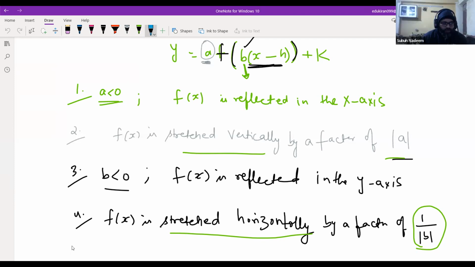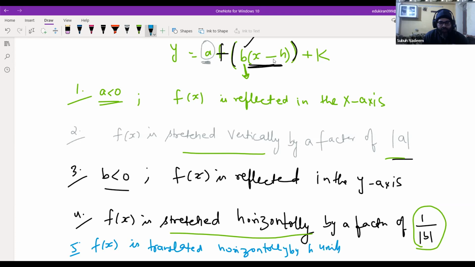Now, fifth point, f(x) is translated horizontally by h units. So it means to the right. That is what we studied, because here we are doing x minus h. If we are subtracting, then it will translate to the right. If we add, it will translate to the left. So if h is positive, then it is right.